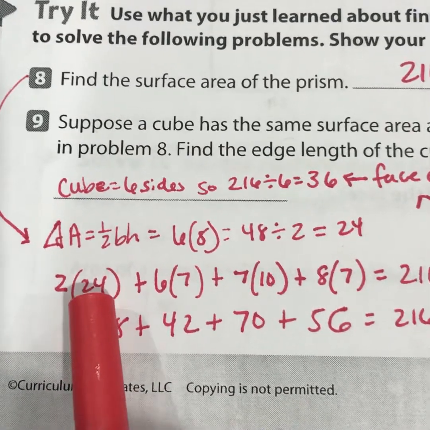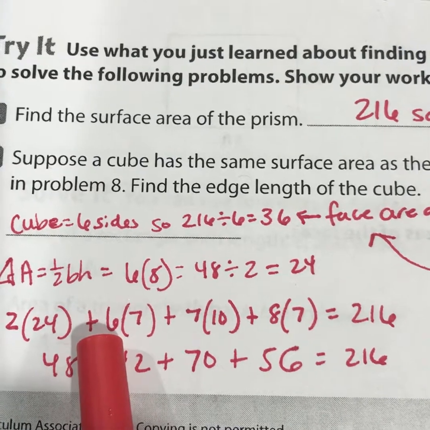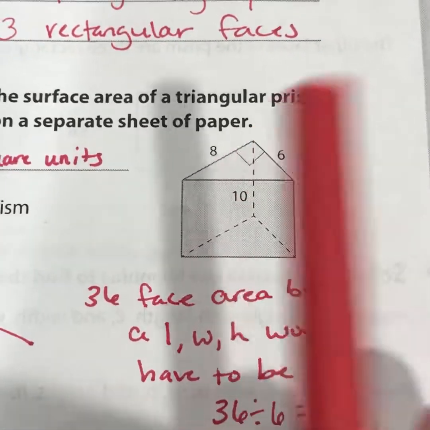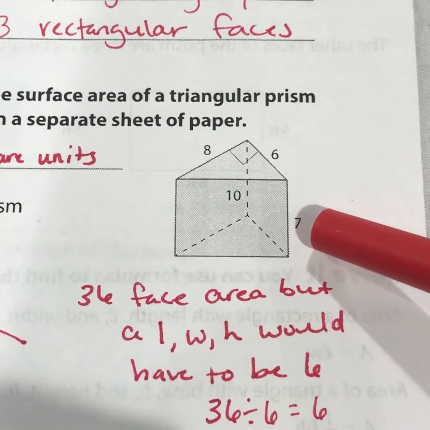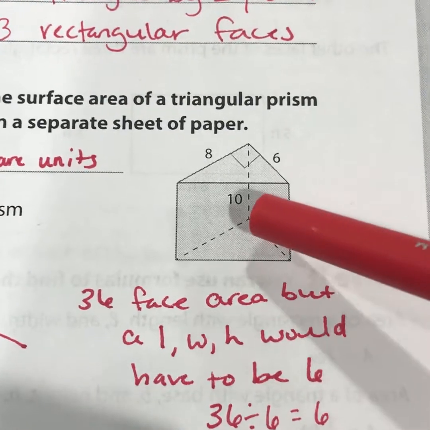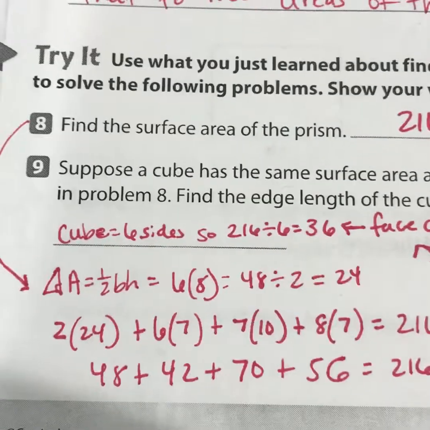So 2 times 24 plus the surface area with the dimensions given of one of the sides of the rectangles, 6 and 7. And then I'm going to add that by multiplying 10 and 7. So you see that here?